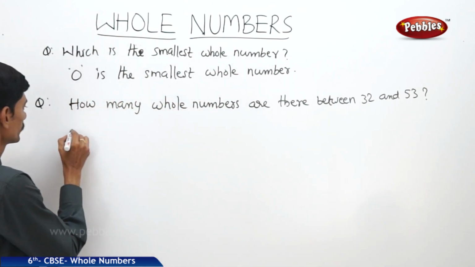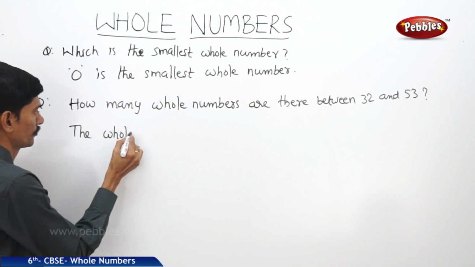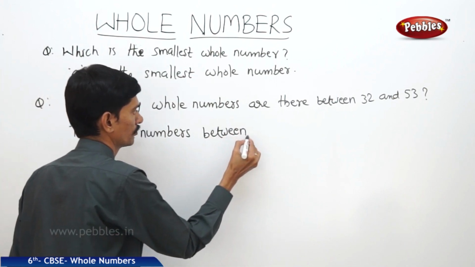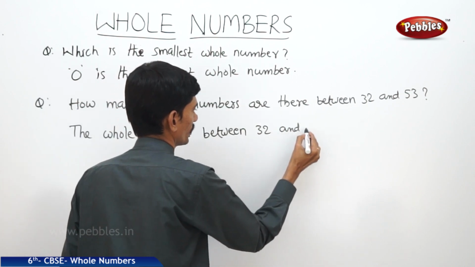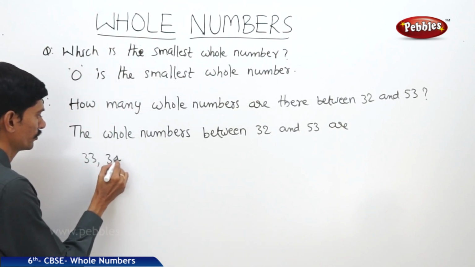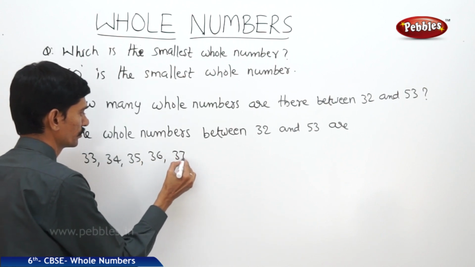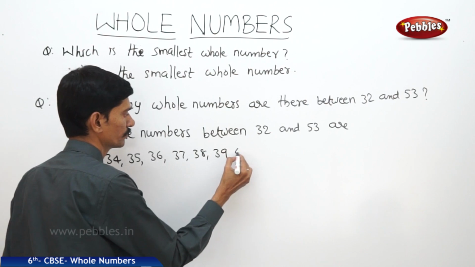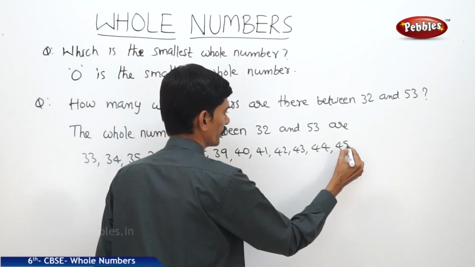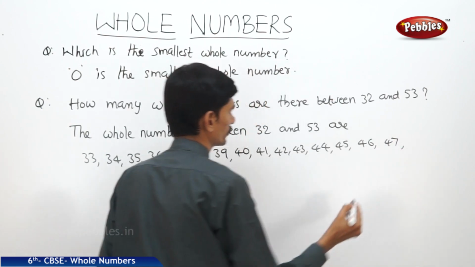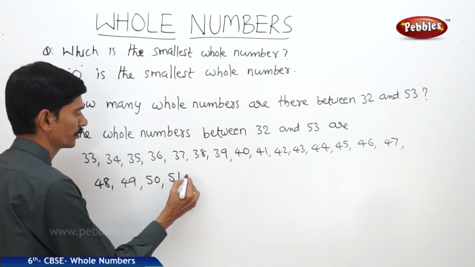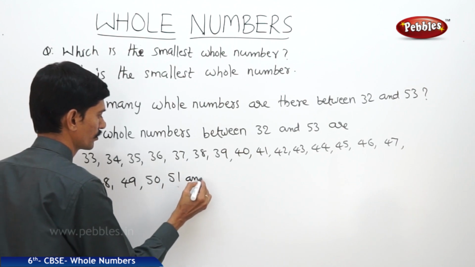So the whole numbers between 32 and 53 are 33, 34, 35, 36, 37, 38, 39, 40, 41, 42, 43, 44, 45, 46, 47, 48, 49, 50, 51 and 52.